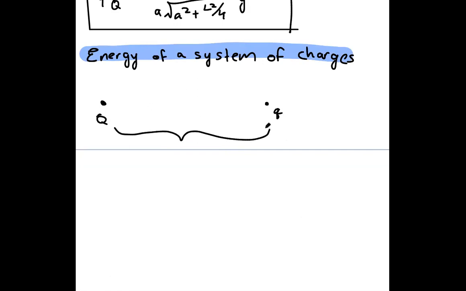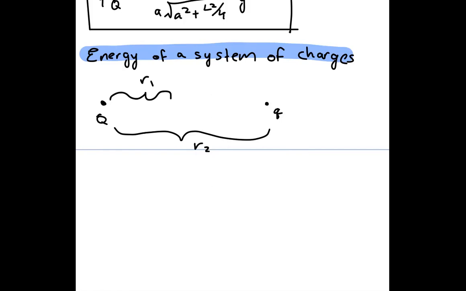The distance between them is R2, and we want to push Q1 such that it's a distance of R1 from Q. Let's suppose that Q is at the origin, and we want to find how much work needs to be applied to move Q from R2 to R1.